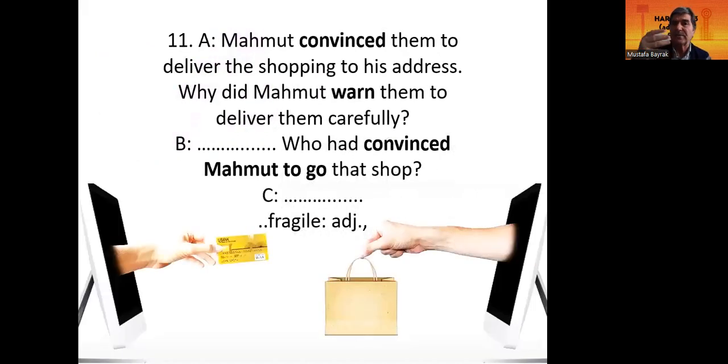11, Mahmud convinced somebody to do something. Persuade somebody to do something. Mahmud convinced them to deliver the shopping to his address. Okay. They said yes. Why did Mahmud warn them to deliver them carefully? Mahmud warned them to deliver them carefully because they are fragile.